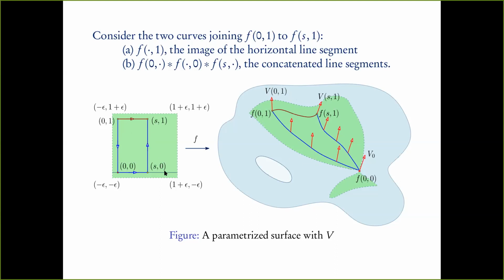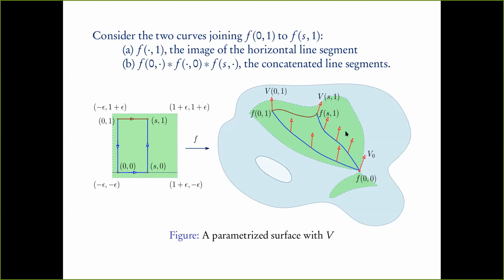And so on for all the other points. If I want to assign a tangent vector at any point here, I simply start at the corresponding s comma 0, go up. That would mean I start here, parallel transport V0 along the corresponding image of the vertical line segment under F. So is the definition of V clear?